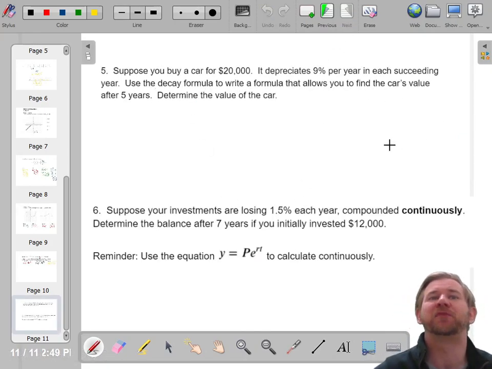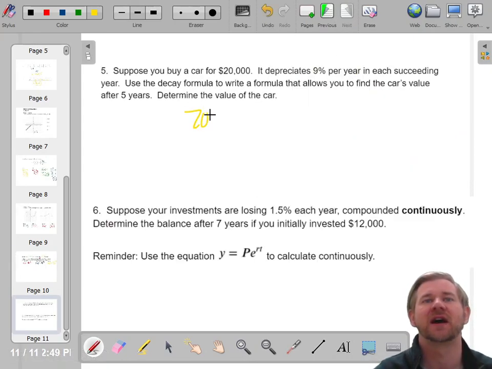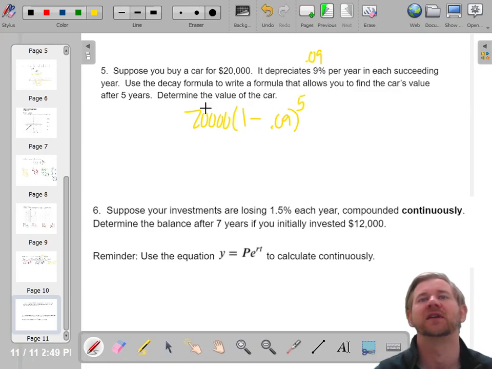All right, what if it depreciates? So depreciation, it's the model right here. You're doing the same thing, but it's over 1 every time because we just depreciate annually. So we say $20,000, 1 minus 0.09. Remember, we moved the decimal twice. And if it's for 5 years, well, you could put t there. That would be the model. But for 5 years, we plug in 5.